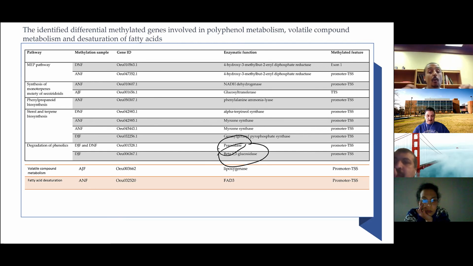Second, the lipoxygenase right here is a gene that takes the linoleic acid and makes volatile compounds out of it. When you smell the olive oil, that smell is coming from the volatile compounds. This gene is methylated in the cultivar, but it's not methylated in the wild.